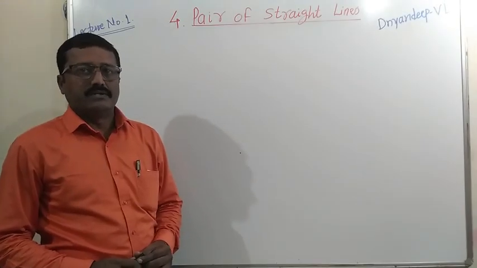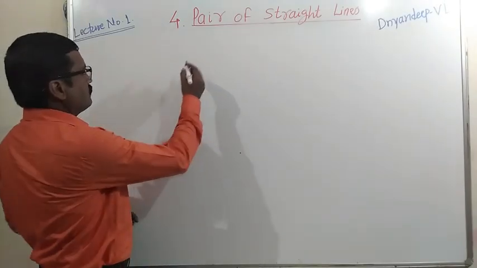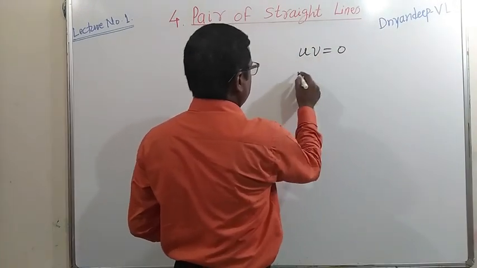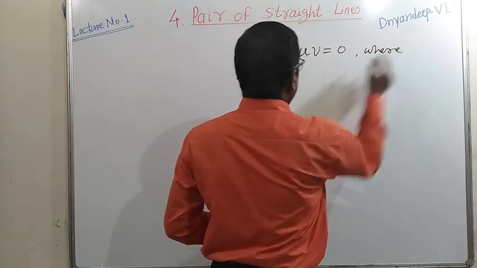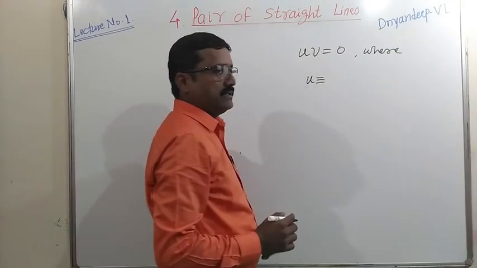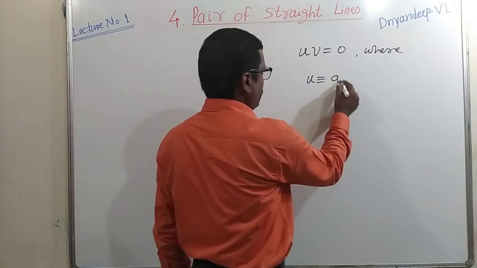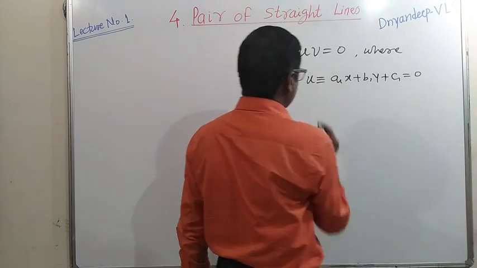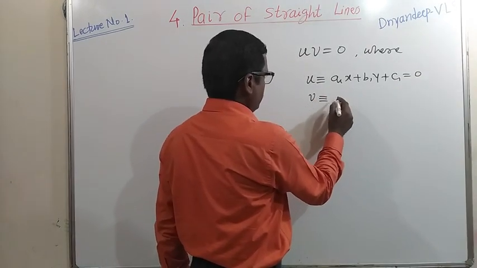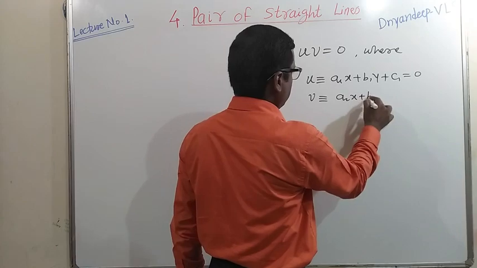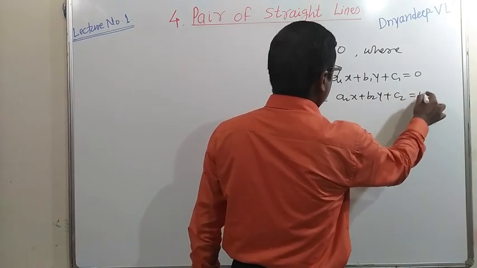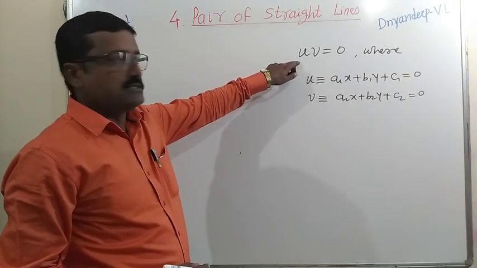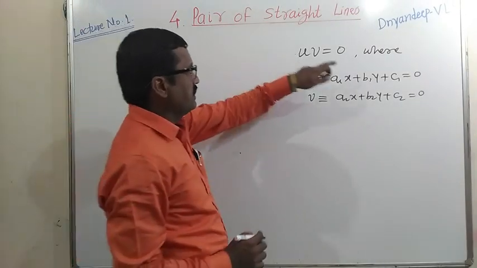Now let us interpret the equation uv equal to 0, where u is nothing but the equation of the first line, that is a1x plus b1y plus c1 equal to 0, and the second line v is nothing but a2x plus b2y plus c2 equal to 0.